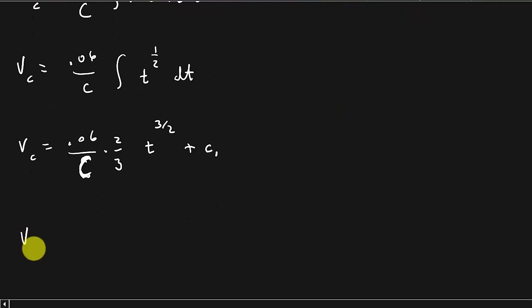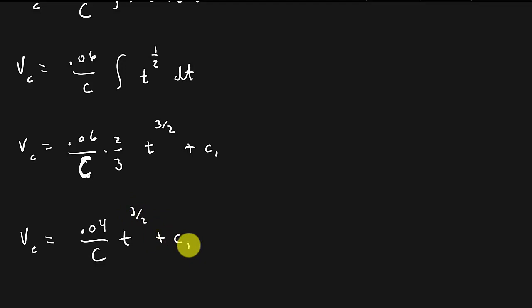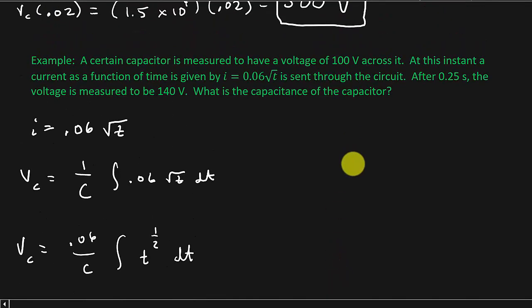So this tells me that VC is equal to 0.04 over C times t to the 3/2 plus C1. All right. So somehow we need to figure out what C1 is, don't we?